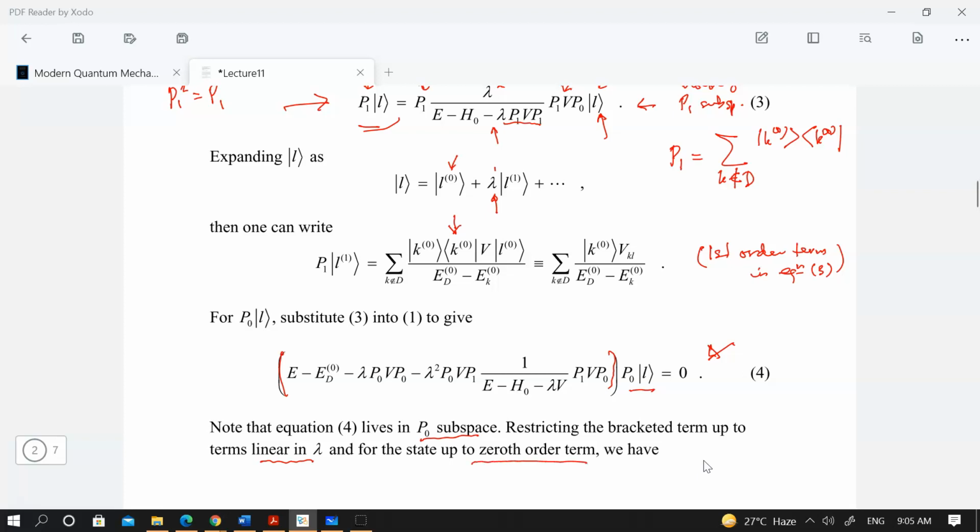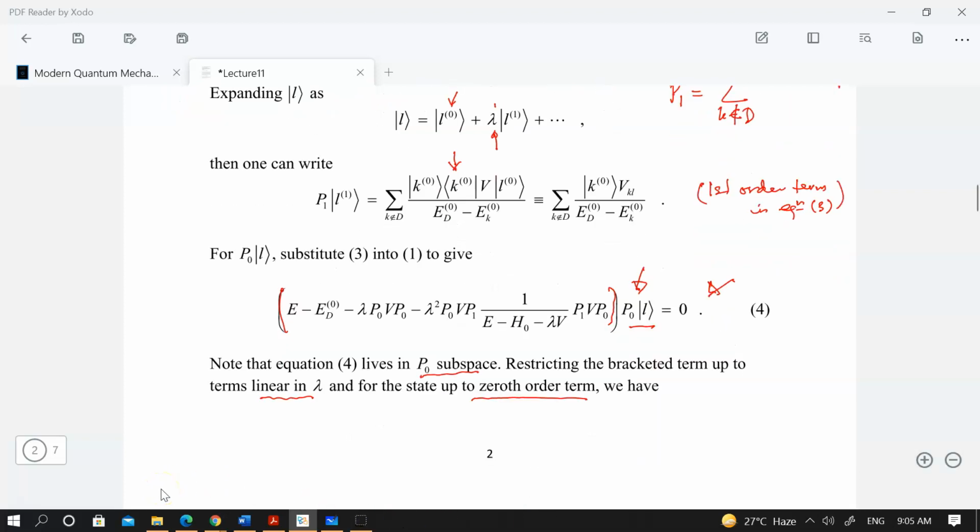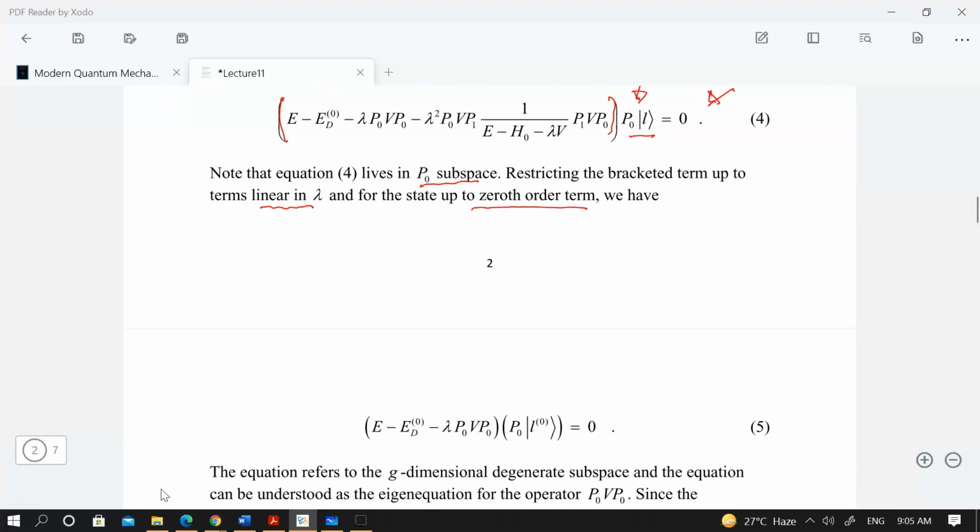So that essentially is because you do not want anything involving lambda coming from your state here. So that will give you this equation, which is sort of replacing the Schrodinger equation in the P0 subspace.